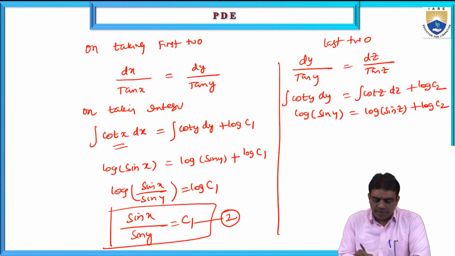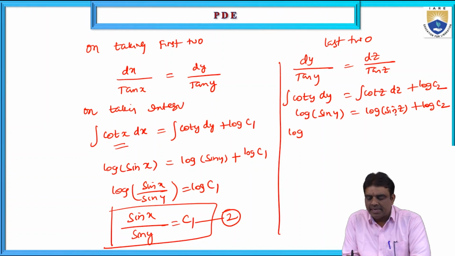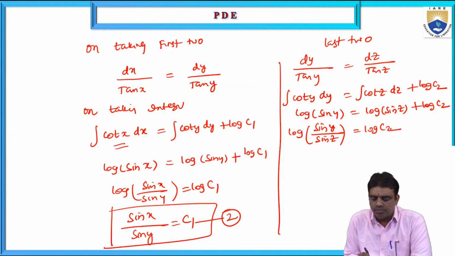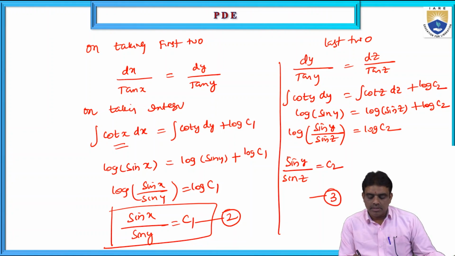Log sin y minus log sin z, log m minus log n, is log m by n, so log (sin y by sin z) is equal to log c2. Taking out log on both sides, sin y by sin z is equal to c2. Call this equation number 3.